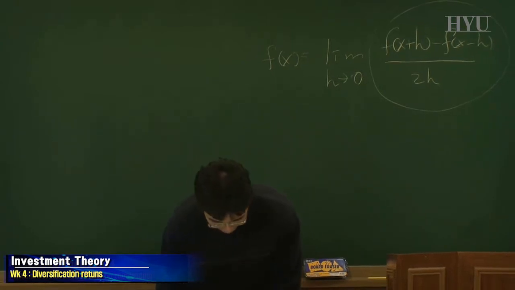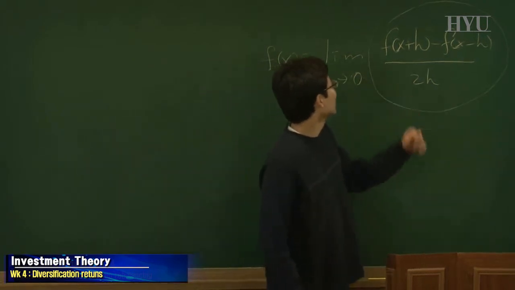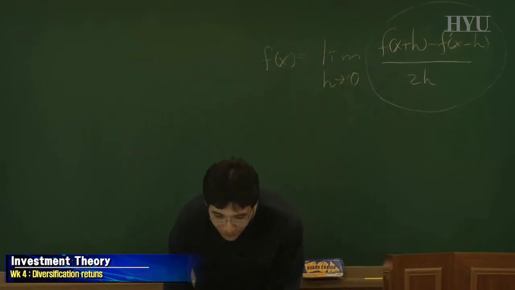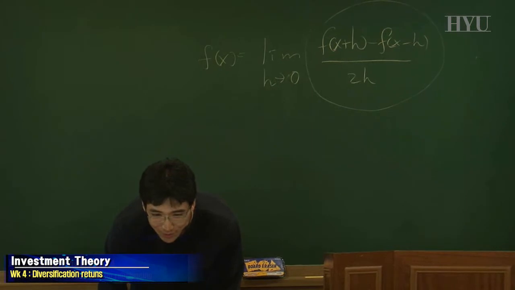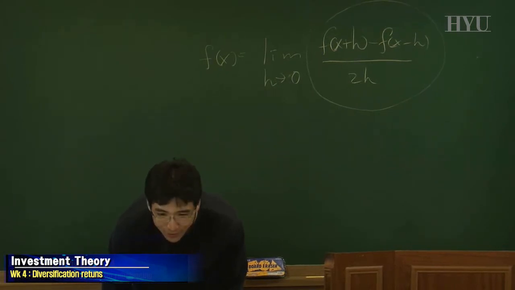So basically my df is simply this part: f(x plus h) minus f(x minus h), divided by 2h. Okay, I think it is done now.